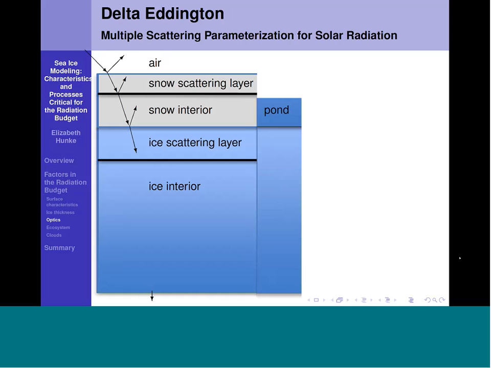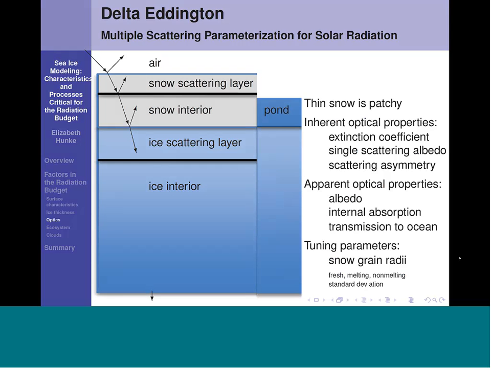The ice may have snow on it, or it may be bare, or it may have a pond on it, or some combination of all 3. This radiation calculation is done for each surface type, snow, ponds, or bare ice, and for each thickness category. So if we have 5 thickness categories, we can have up to 15 radiation calculations in a grid cell just over the sea ice.